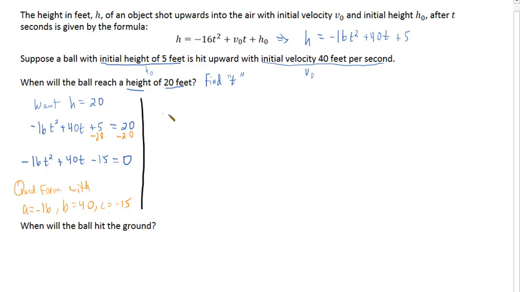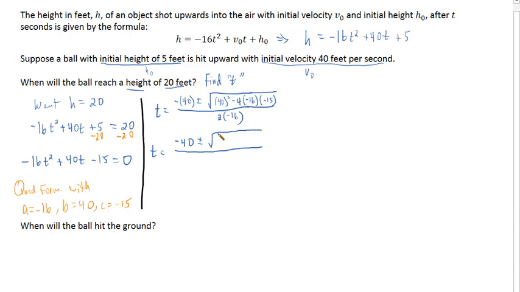Applying the quadratic formula, then t would equal the opposite of 40, plus or minus the square root of 40 squared minus 4 by negative 16 by negative 15, over 2 by negative 16. So then t would equal negative 40 plus or minus the square root, and we simplify this.